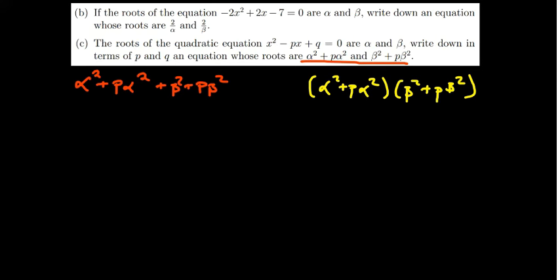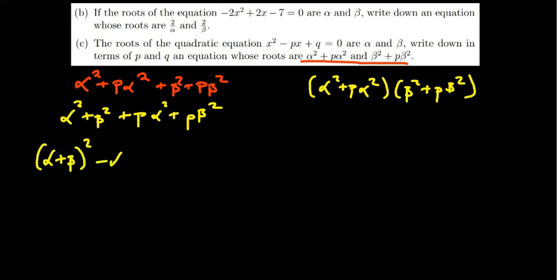So I'll get the first part, alpha squared, I'll correct it with beta squared, and then I'll also correct the p alpha squared plus p what? P beta squared. So alpha squared plus beta squared, I say that is the same as alpha plus beta in brackets squared minus 2 alpha beta.